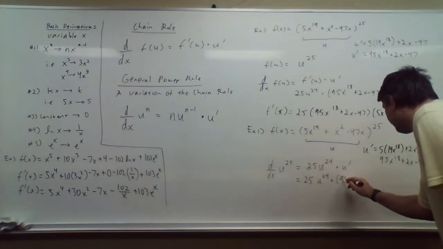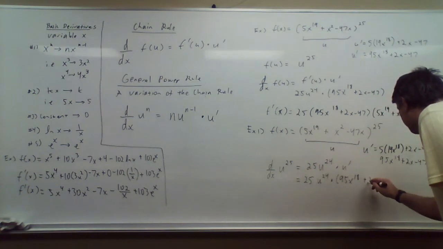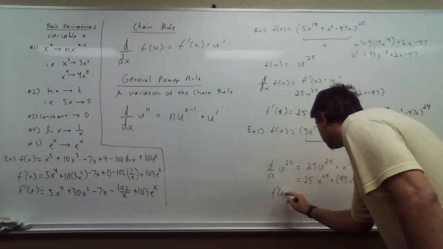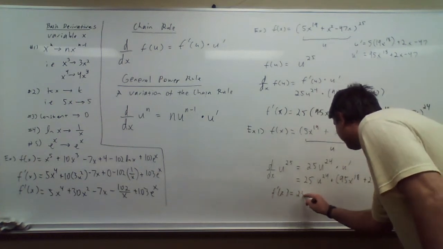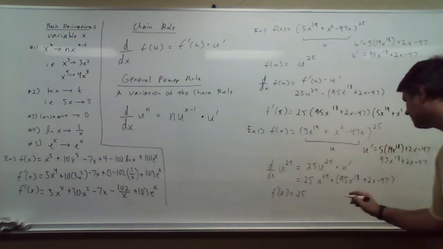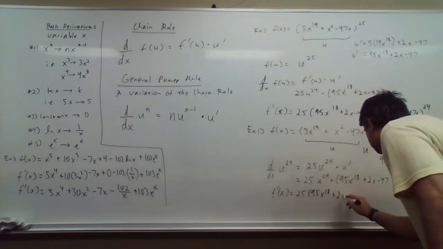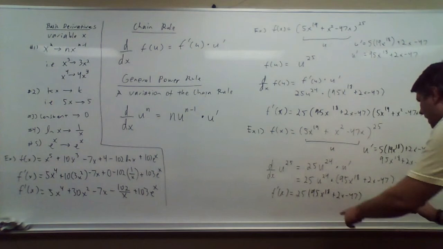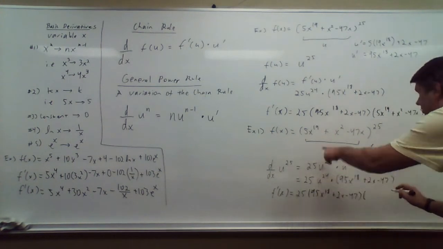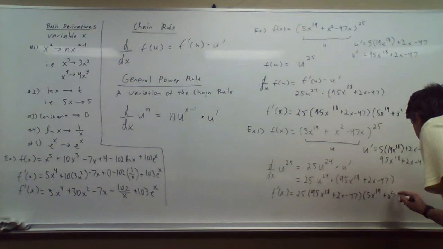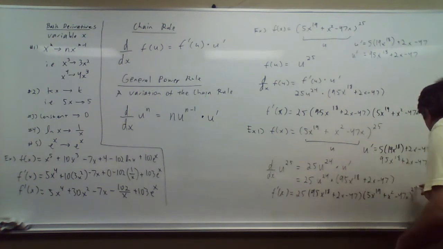So f prime of x equals 25 times this stuff times, I'm going to replace u with the original expression, to the 24th power.